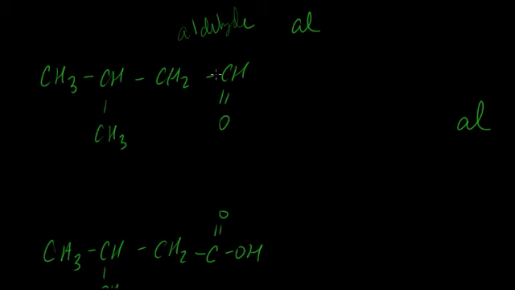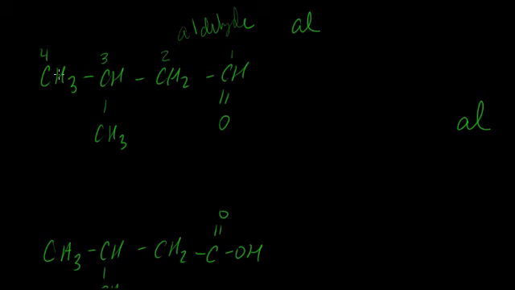We need to count the carbons in the backbone that include the carbon that the carbonyl is part of. So we can go 1, 2, 3, 4, and it could be the fourth carbon, or it could be 1, 2, 3, 4, and be the first carbon. So we're going to label from the first to give us the lowest number for the aldehyde.